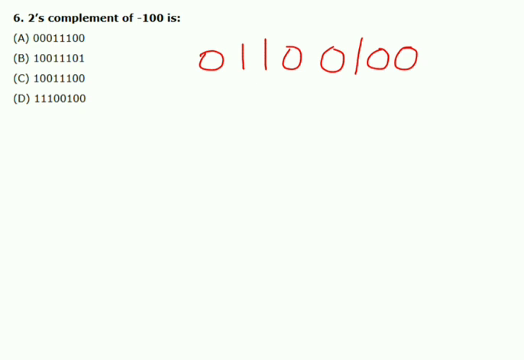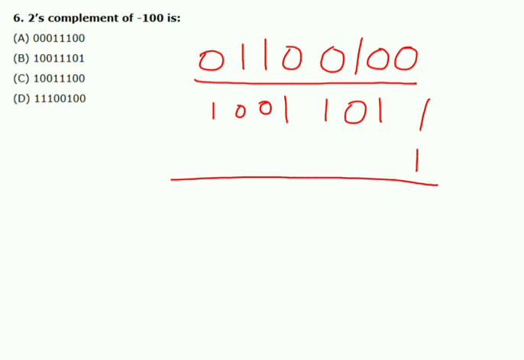Okay, so what is the 2's complement? We have to find the 2's complement of this particular value. Negative means we have to find the 2's complement here. First of all we have to find the 1's complement, that is 10011011, plus 1.